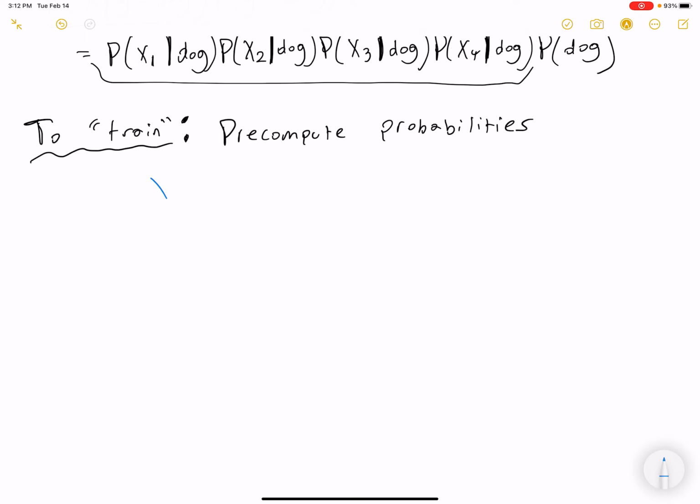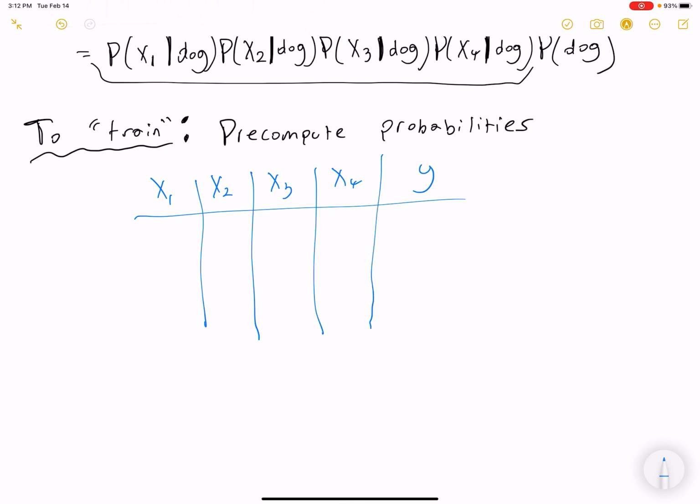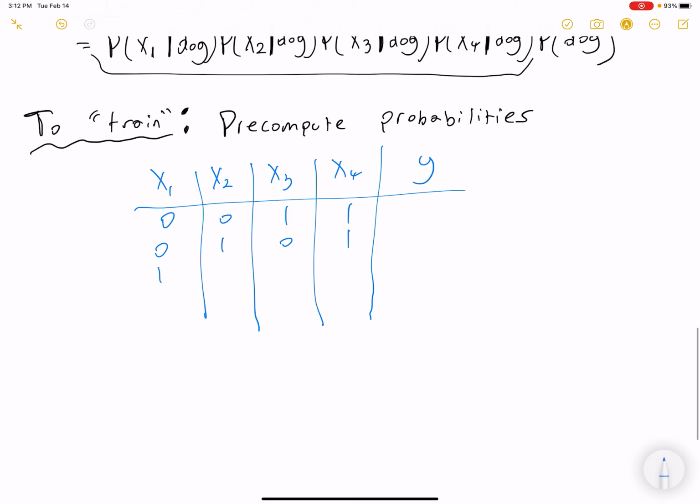So let's just practice this one more time, because this is where we ended last class. Let me give you a slightly different table, and I'll just use 5 data points in this example. So 0, 0, 1, 1, 0, 1, 0, 1, 1, 0, 1, 1, 1, 1, 0, 0, and 1, 0, 1, 0.